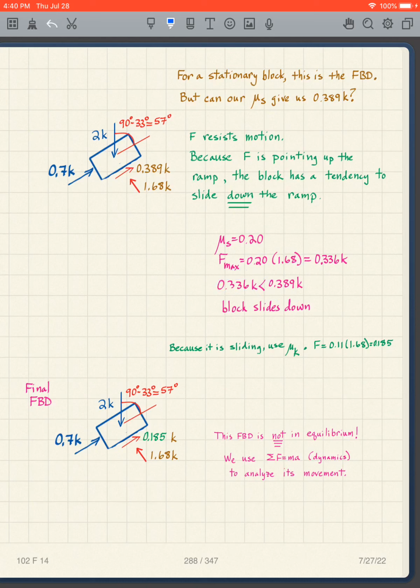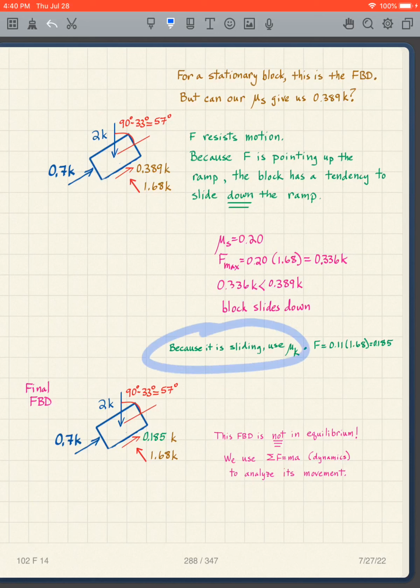Remember, I take the 0.2 times the 1.68. I don't take the 0.2 times 2 kips. It's always the N. So 0.2 times 1.68 is 0.336, which is less than the 0.389 that I need for equilibrium. That means the block slides down because it's not in equilibrium.